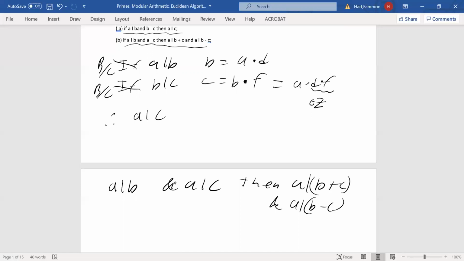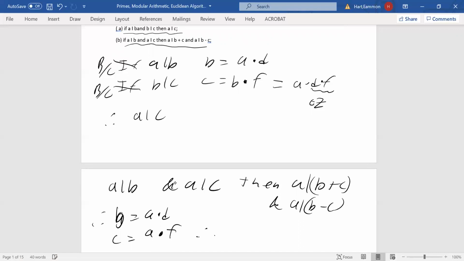Since a divides b and a divides c, b is equal to a times d, and c is equal to a times f.